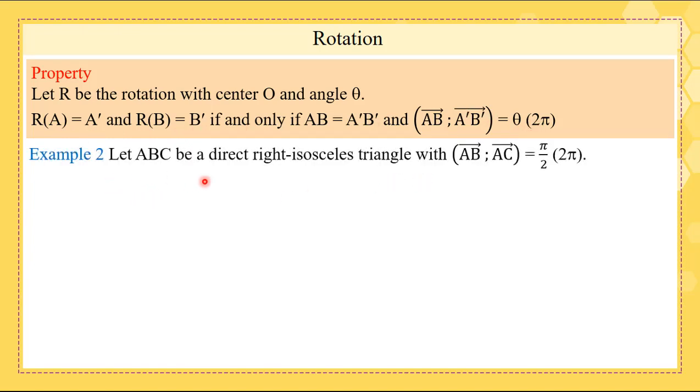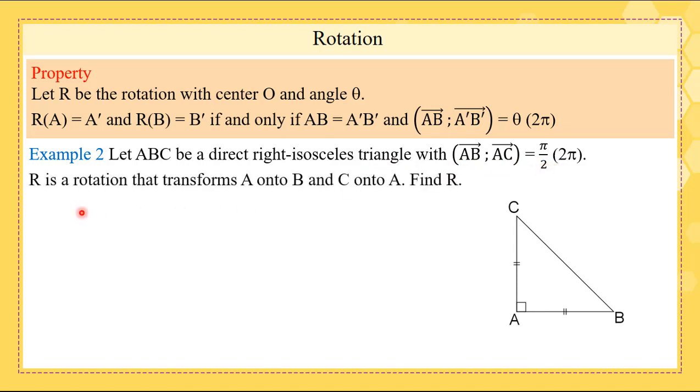Now example 2. Let ABC be a direct right isosceles triangle with the angle between AB vector and AC vector equal to pi over 2 modulo 2 pi. R is a rotation that transforms A onto B and C onto A. Find the rotation R. Now let L be the center of R and theta be its angle.